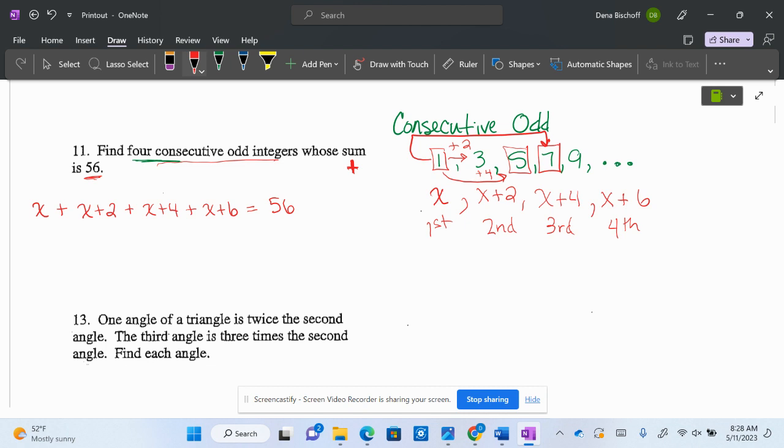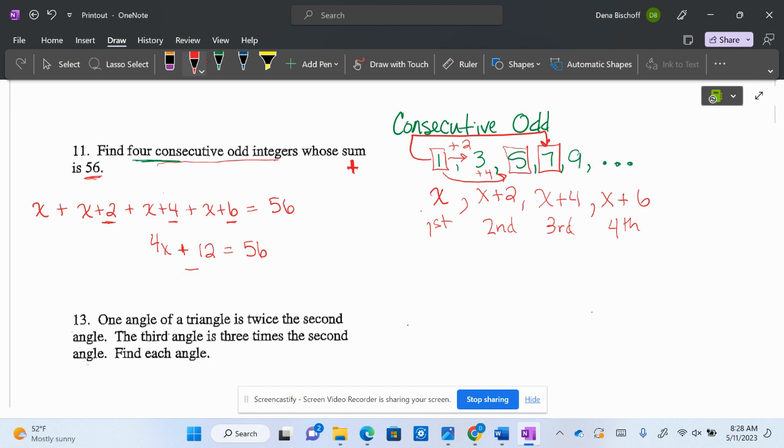So how many x's do I have? 4x, and 2 plus 4 plus 6 is 12, so 4x plus 12 equals 56. What are we going to do?